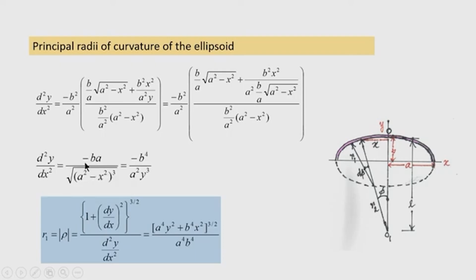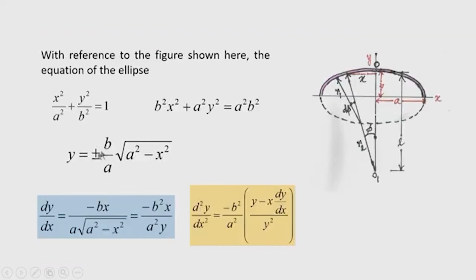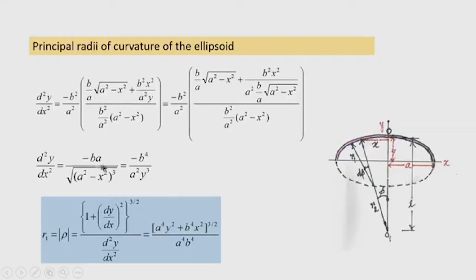That means, we can also write this as minus b a divided by a square minus x square raised to the power 3 by 2. So, again using the first expression, that y is equal to b by a root over a square minus x square, we can write it in a compact form as minus b to the power 4 divided by a square into y cube.